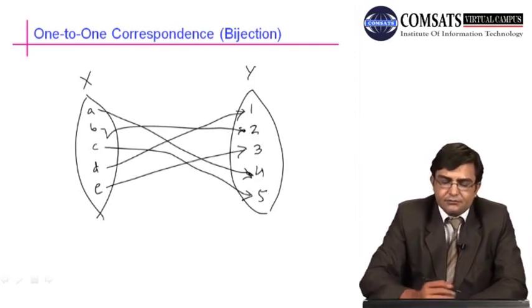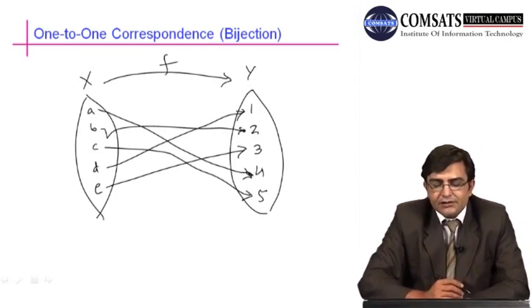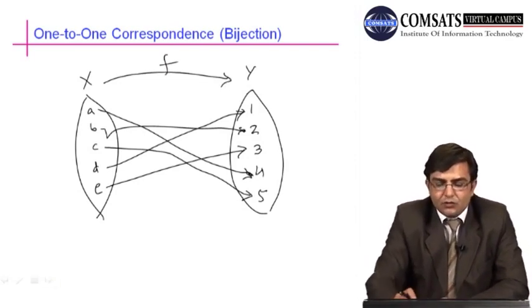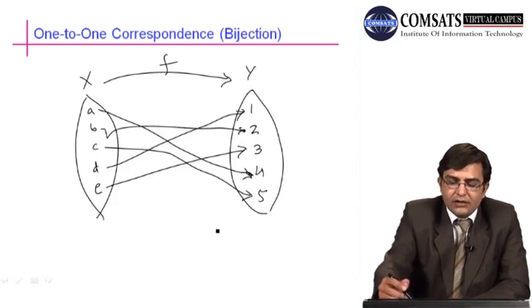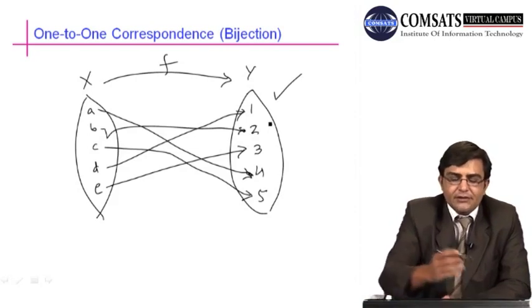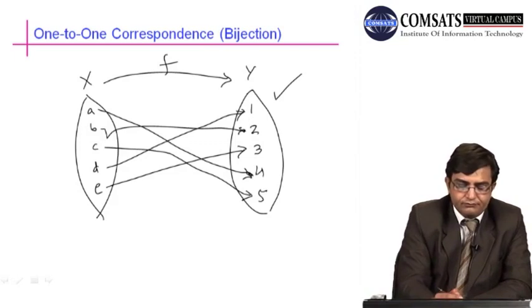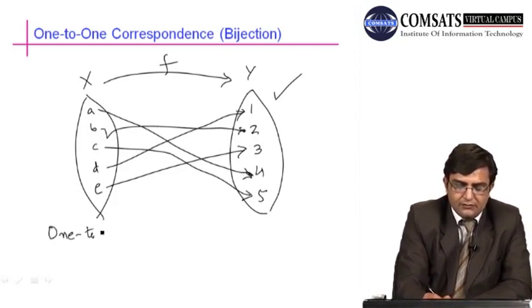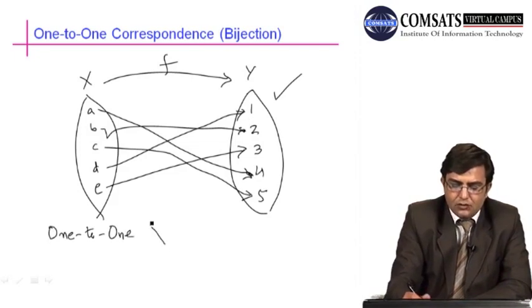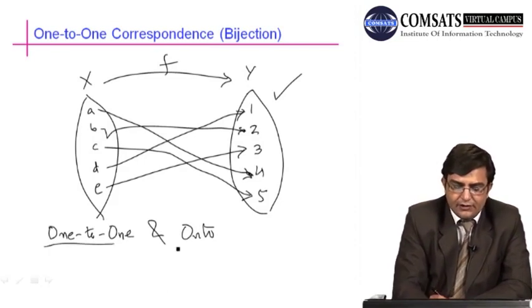This is a function. Each element of X is related to one element, and all the elements in Y are also related to some element in X. So this function is one-to-one and onto. Therefore this function is a bijective function.